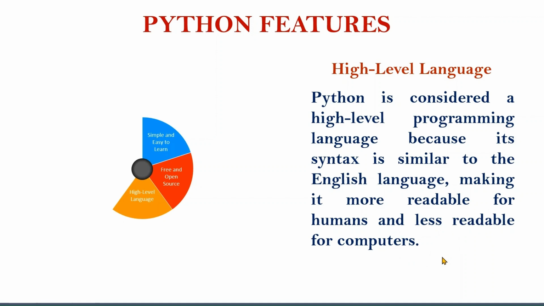To write one character, I need to write 8 bits of zeros and ones, but that is very hectic for a human to do. We understand and write normal English, but internally the system is going to convert it into binary and understand it.